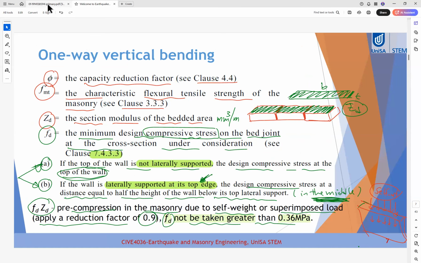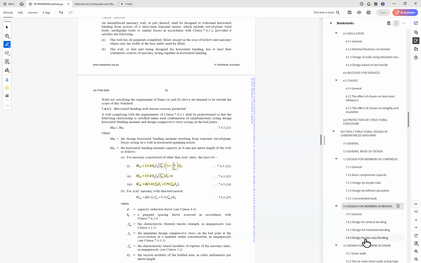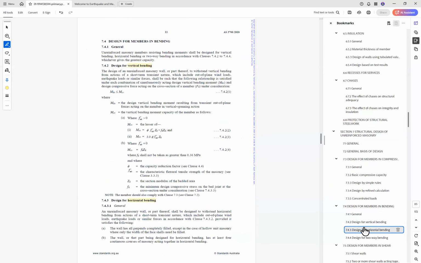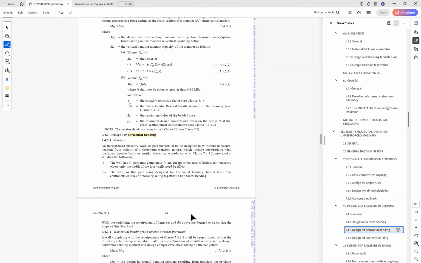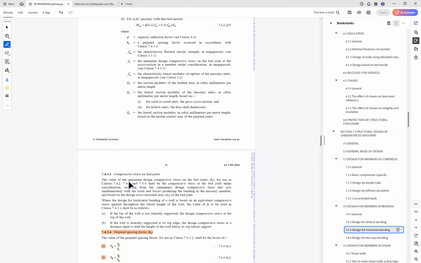If we go to clause 7.4, the value of the design stress on the bed joint shall be the compressive stress under consideration resulting from the minimum design compressive forces that act simultaneously with the loads producing bending on the member.